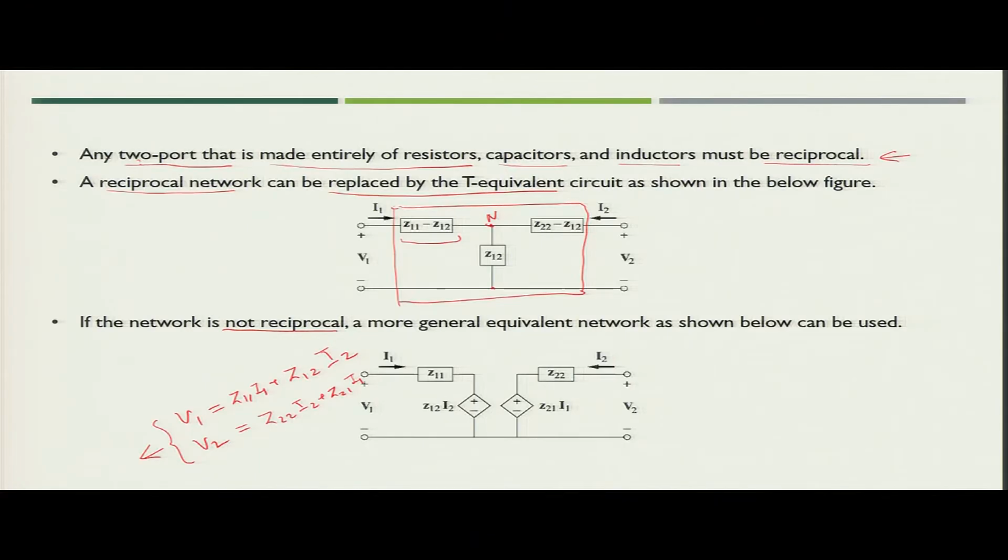So, that means that any two port network can be equivalently represented with the help of the circuit shown in the slide. Here it need not be reciprocal, because this is a generic equivalent network having Z parameters, while the figure which we saw above, the T equivalent circuit, is only applicable when your network is reciprocal.